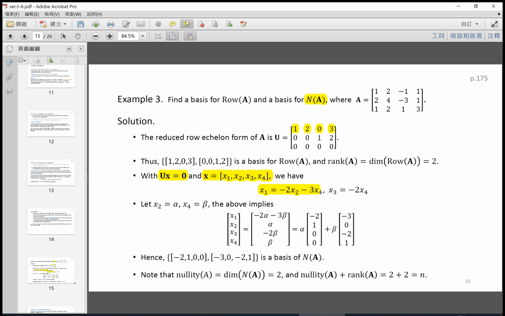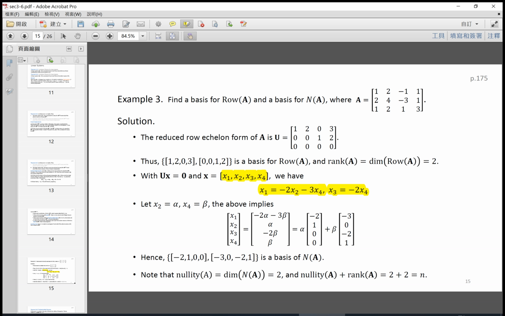We also have 0 times x1 plus 0 times x2 plus 1 times x3 plus 2 times x4 equals 0, which is the second equation. The third row of U is all zeros and is of no use. Now we have 2 equations and 4 variables, so the number of free variables is 2.